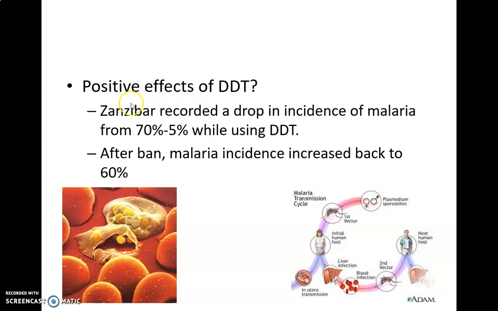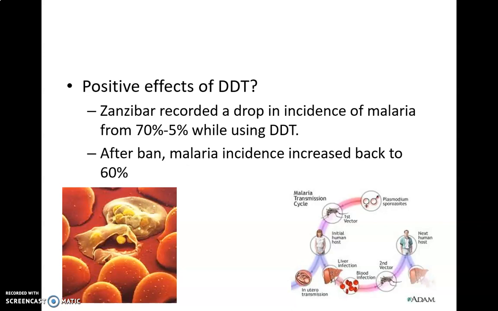So as DDT was being used more widespread across the globe, the country Zanzibar actually recorded a drop from 70% to 5% of incidences of malaria in their country, which was amazing. But what we're going to find out here is that DDT ended up getting banned, and it has been banned basically worldwide, except for I think 2 or 3 countries around the world that still use it.